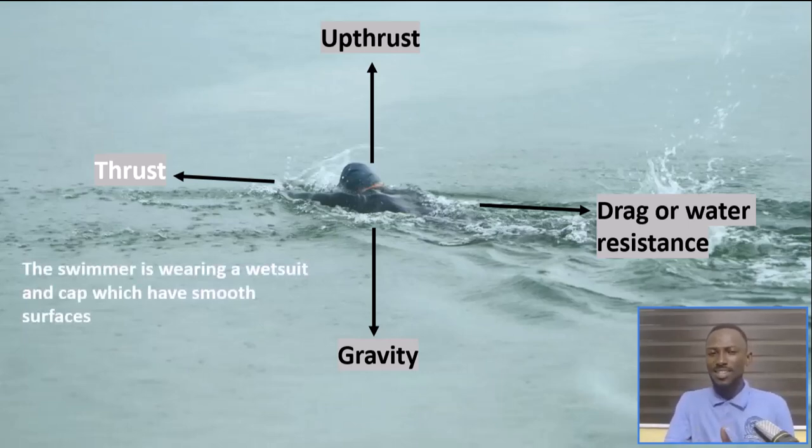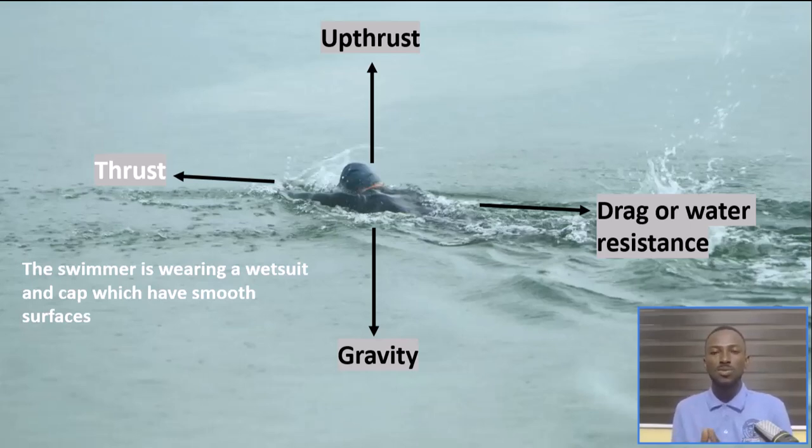So now the question is, how does the swimmer do all he can to overcome these three forces easily with his thrust? The first thing he does is to check what he wears. So you can see that he's not wearing trousers or pajamas or something. He's actually wearing what we refer to as a wetsuit and a cap.